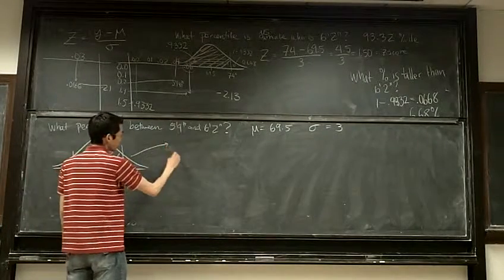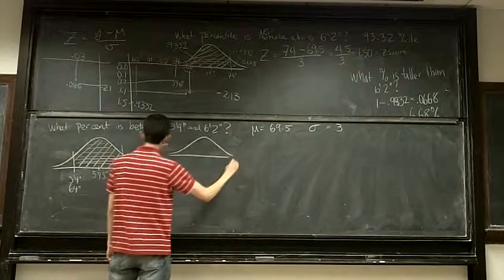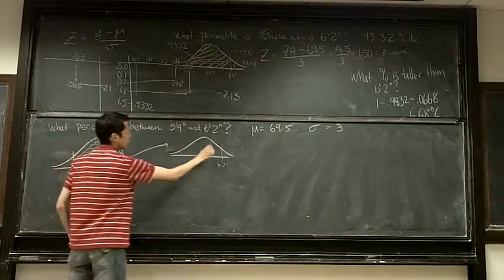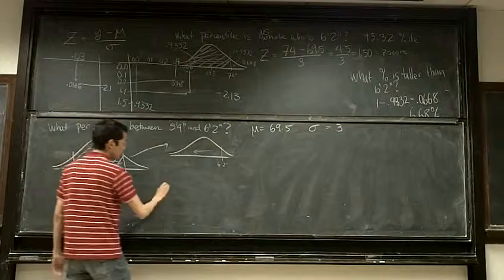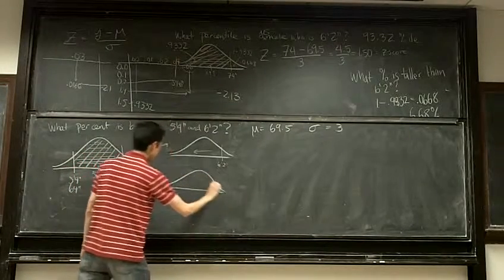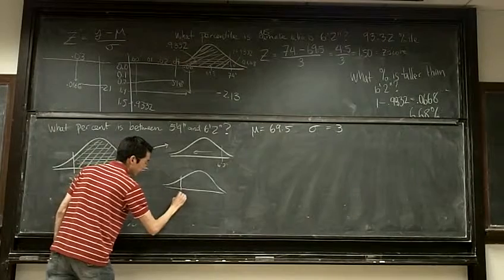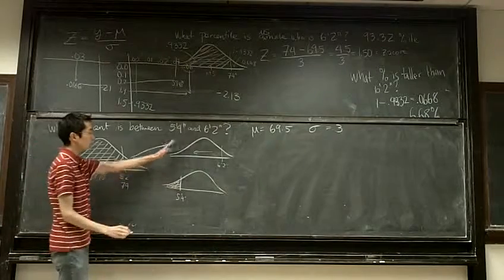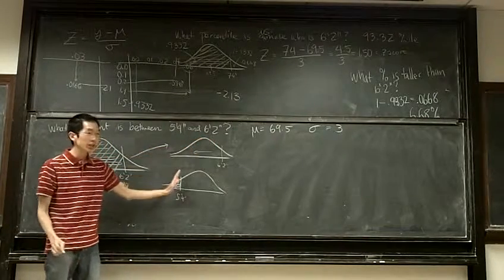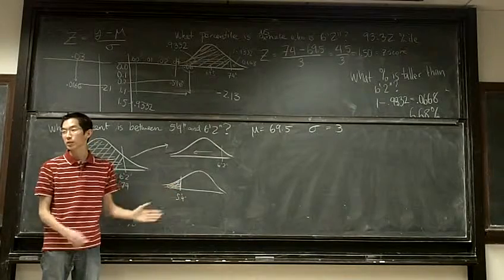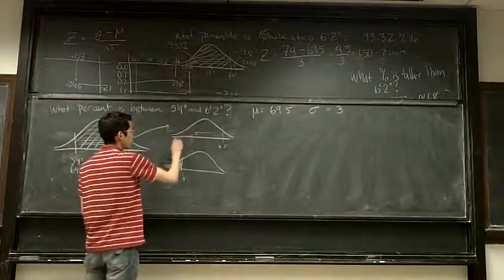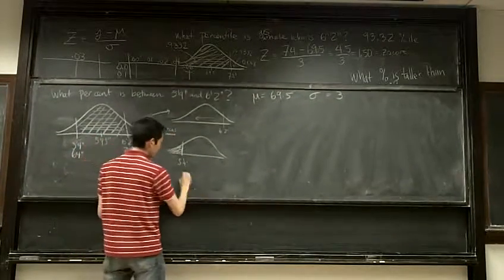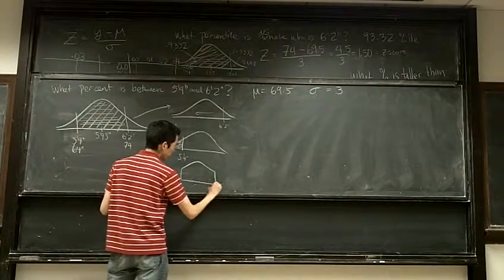First, we find the area to the left of 6'2", all of this area here. Then we find the area to the left of 5'4". If you take this area and subtract off this chunk, what you'll be left with is the area in between. This area minus this area leaves the part that you're interested in, and this is what we want to know.